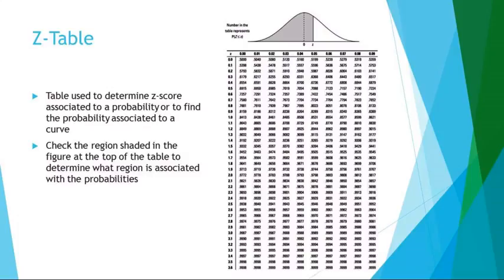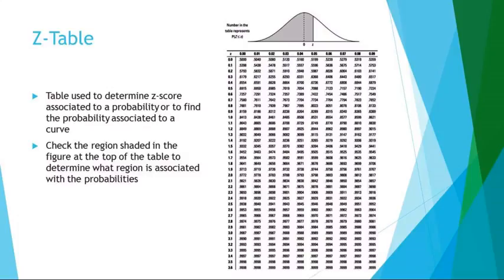So if you were to look at the percentage or the probability associated with the z-score or the z-value 1, it would be 0.8413. So what does that 0.8413 mean? That 0.8413 represents the area, that shaded area from z equals 1 all the way to the left tail.